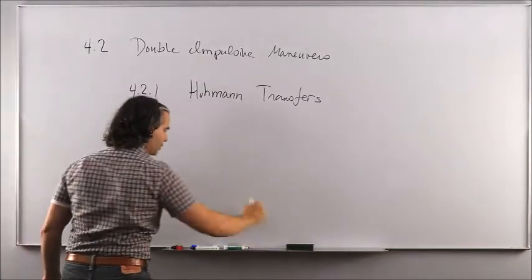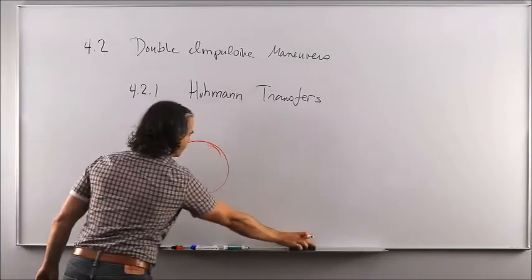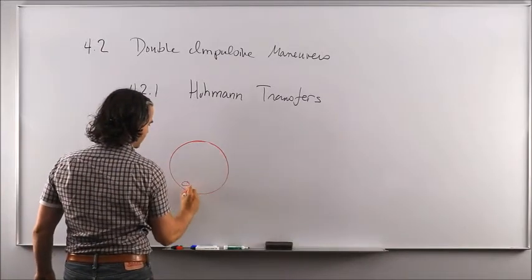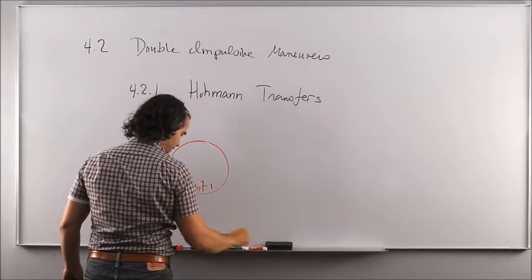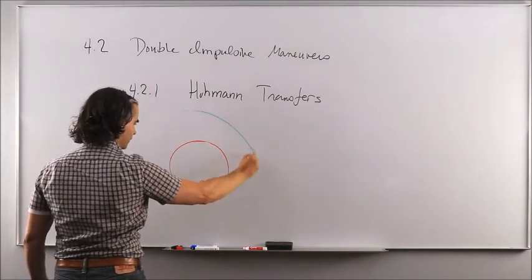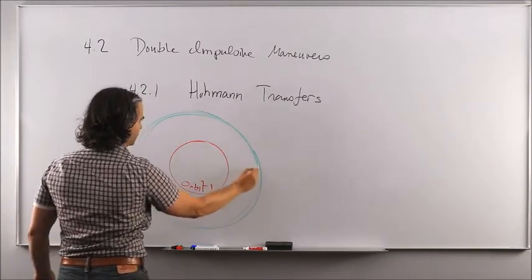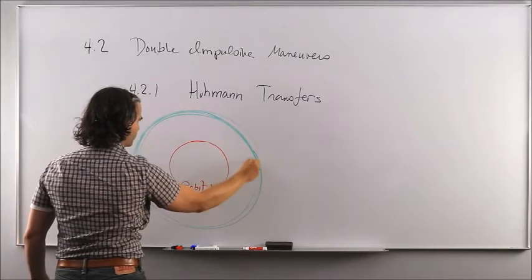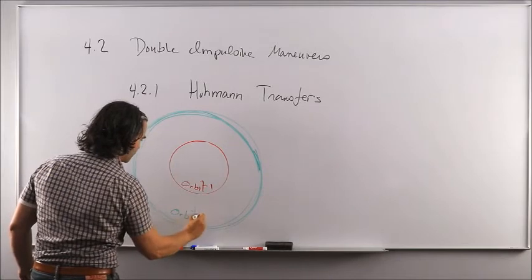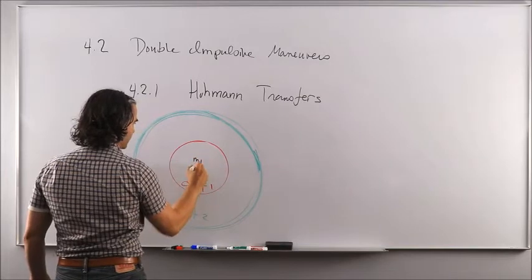We have the initial orbit, which is a circle in red. This, orbit 1. But that's not the circular orbit you want. What you really want is a bigger circular orbit. Like this. So two circles sharing the same center. That center is obviously the primary attracting body M1. Like that.